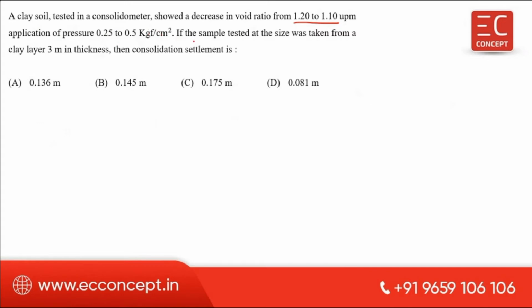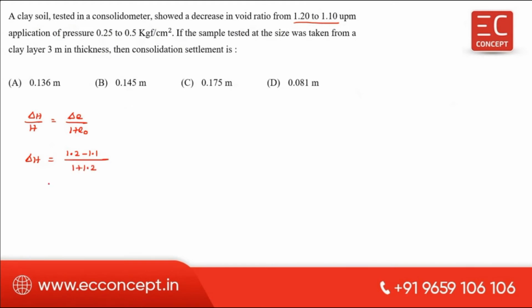If the sample tested was taken from the clay layer 3 meter in thickness, then the consolidation settlement is. So we know that the consolidation settlement delta H by H is equal to delta E divided by 1 plus E naught. So delta H is equal to, what is delta E? 1.2 minus 1.1 divided by 1 plus 1.2.